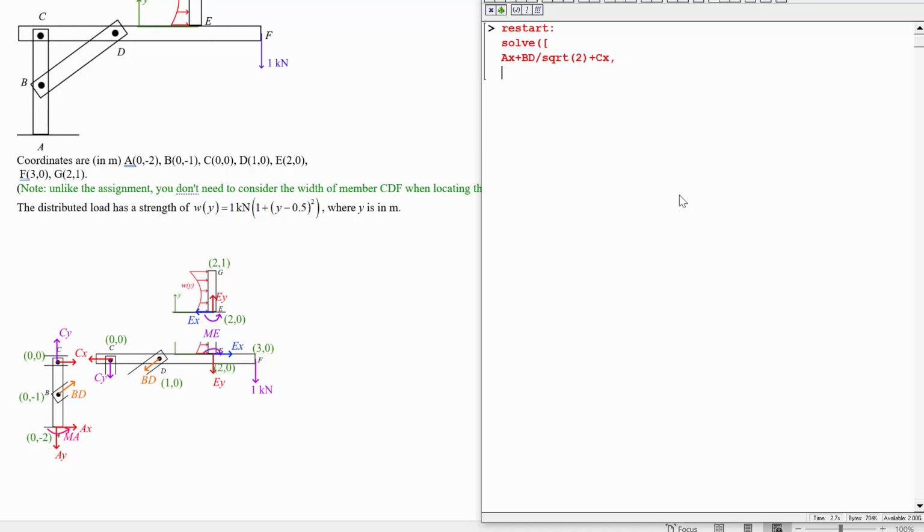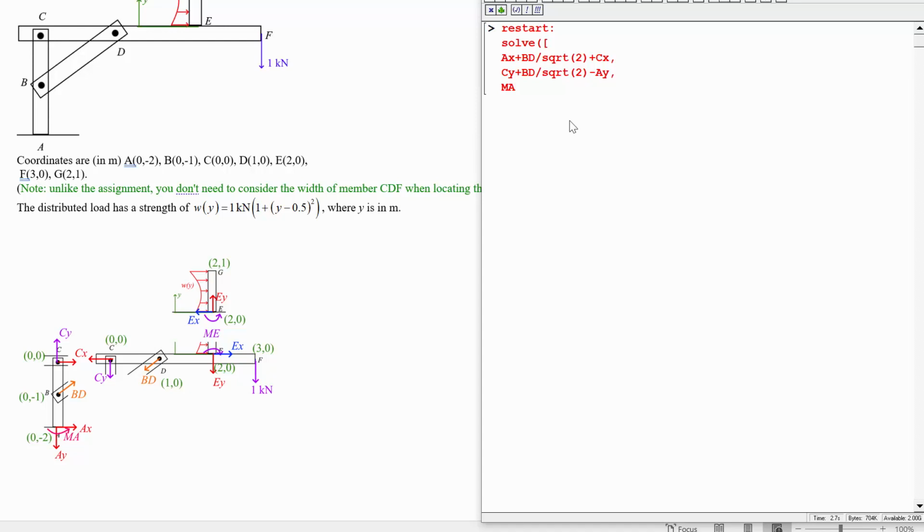Okay, in Y, we're going to have CY plus BD over square root 2, the Y component of BD, minus AY. And now for the torque, we can take it about any point we like. Maybe the bottom is the easiest. So about the bottom, what are we going to say is positive? The out of the page direction, the counterclockwise. So we'll say MA, because that's in the positive direction, positive being counterclockwise.